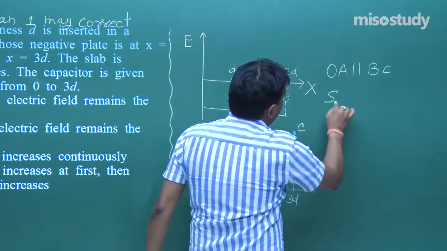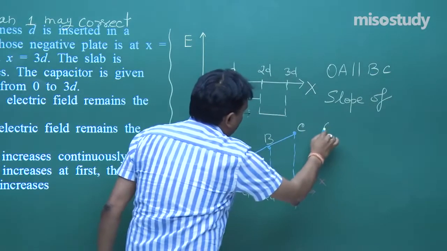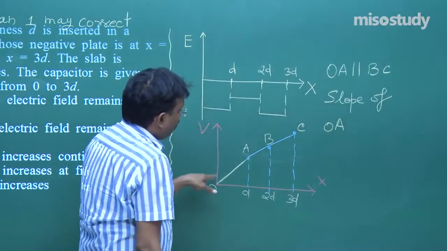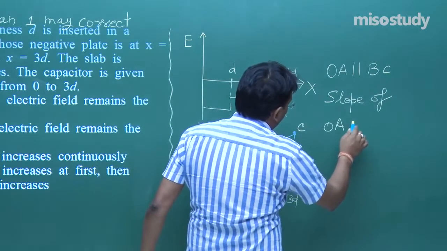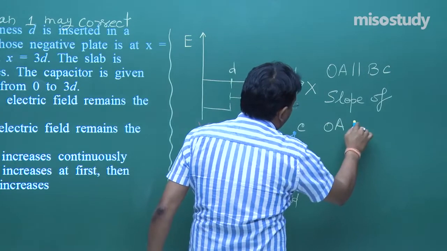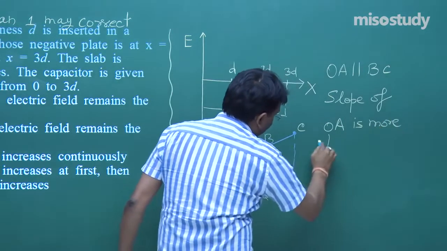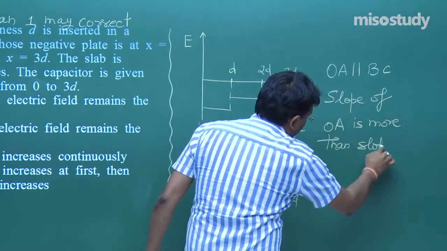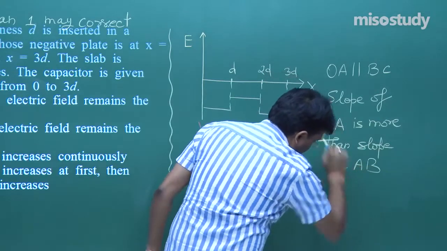Next line, slope of OA, OA means this slope, slope of OA is greater than slope of AB. Slope of OA is more than slope of AB, fine.